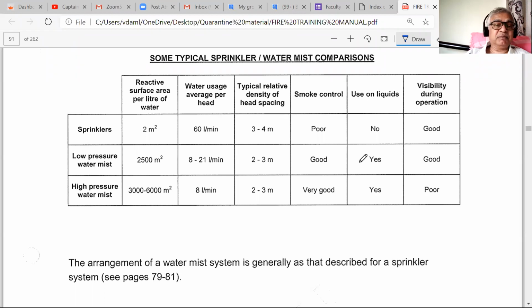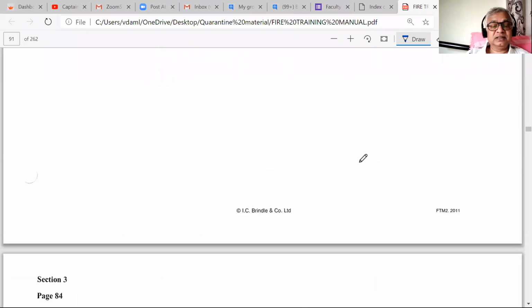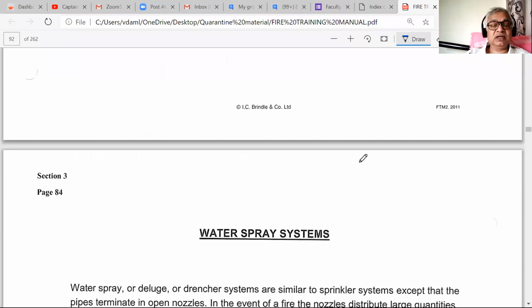And hyper mist, that is high pressure water mist, can go all the way up to 6,000 square meters. So that is the efficiency. With the minimum thing, you achieve maximum. Results are the best. So we continue further.